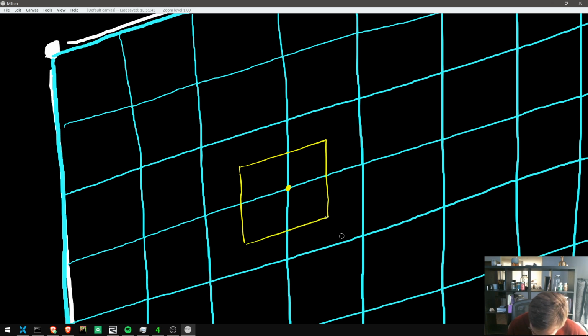I have a pixel center somewhere inside of here. Any pixel center in here should use this integer coordinate, 3, 3, because it's definitely a bilinear sample from these guys.